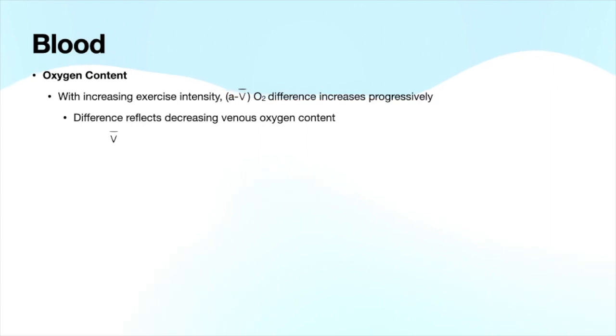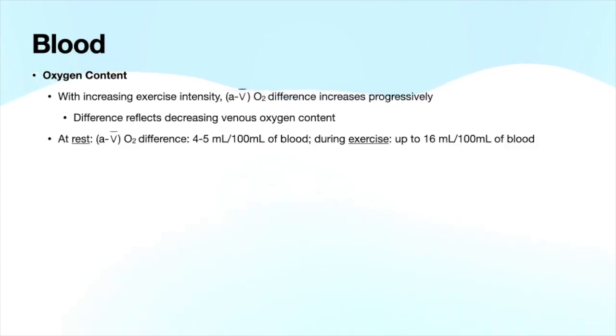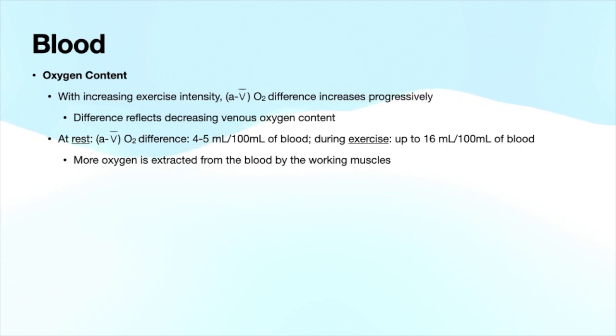At rest, the AVO2 difference is usually around 4 to 5 milliliters per 100 ml of blood, and during exercise, it could go up to 16 milliliters per 100 ml of blood. These values indicate that more oxygen is extracted from the blood by the working muscles.